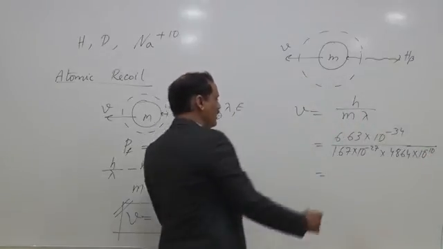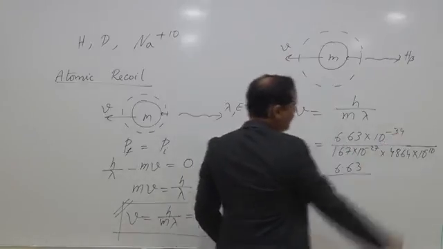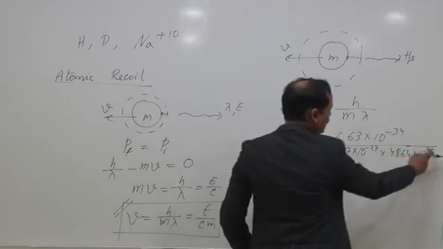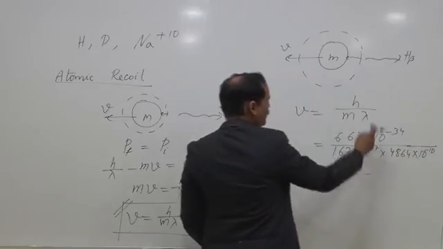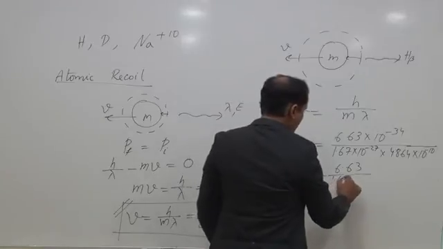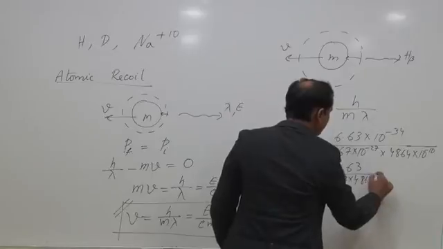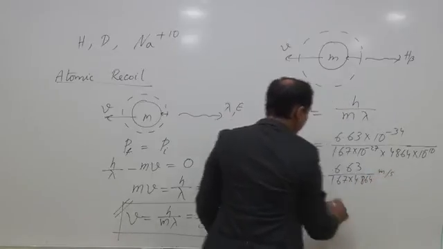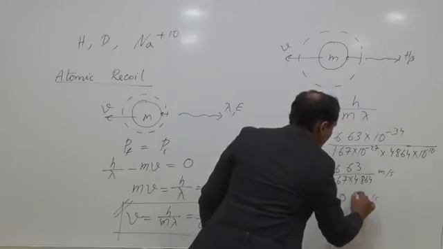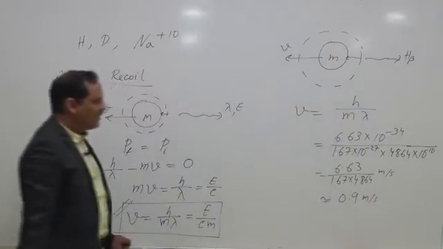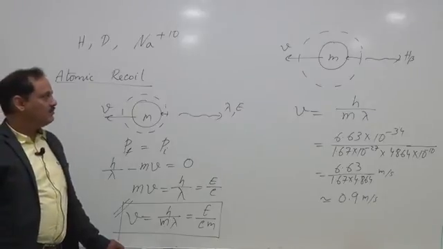So here I can write 6.63, with the power minus 34 minus 27. If I take the decimal here, it is minus 7. So it can be written as 6.63 by 1.67 into 4.864 meter per second, which is about 0.9 meter per second. That is the recoil speed of the atom.